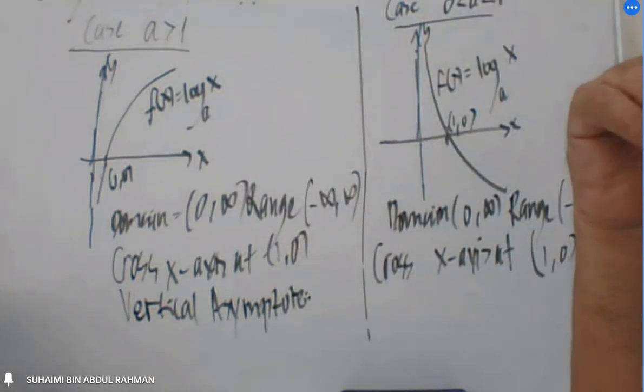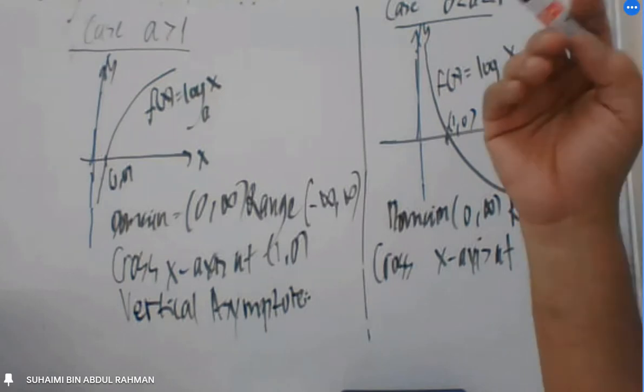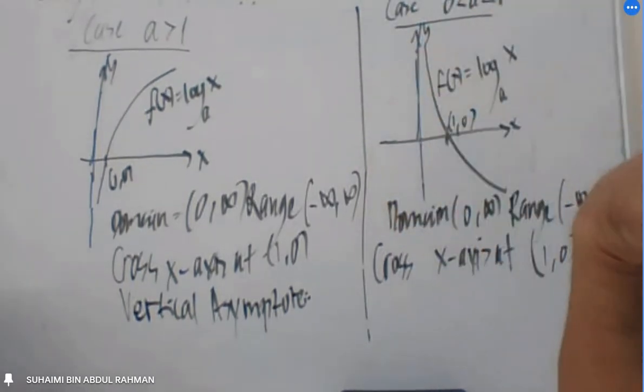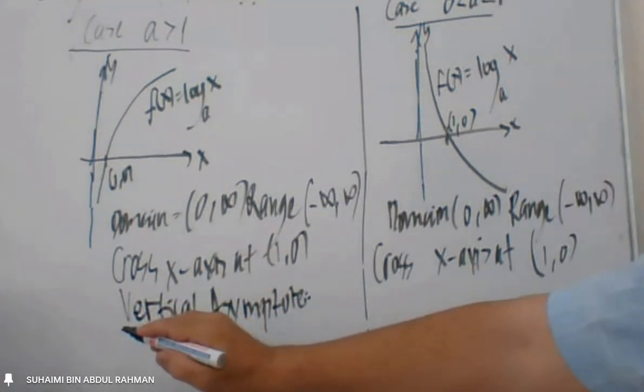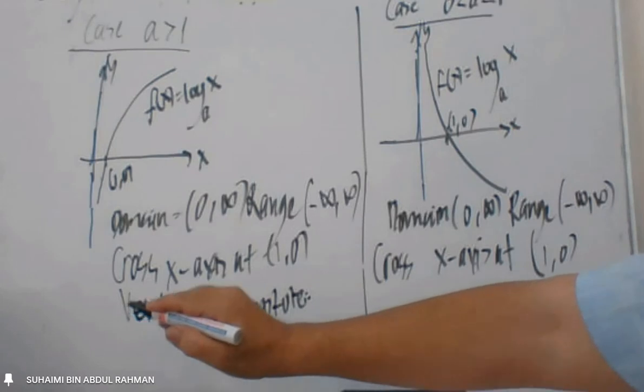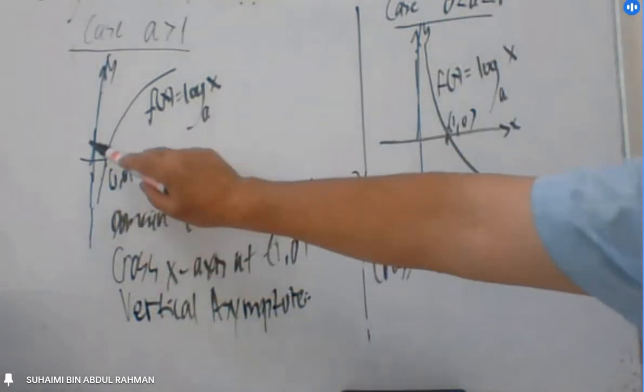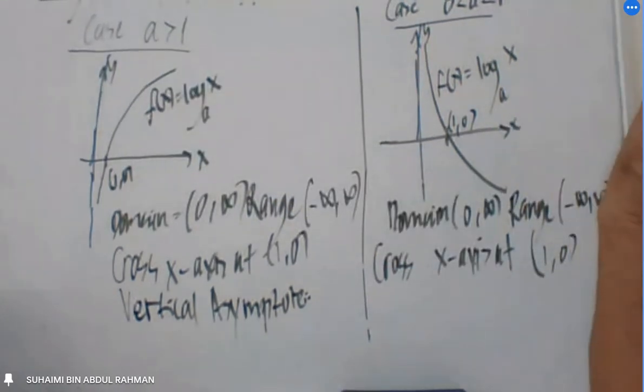Where is the vertical asymptote? x equal to 0. Here also x equal to 0, y exists.